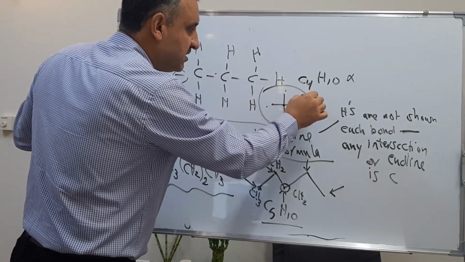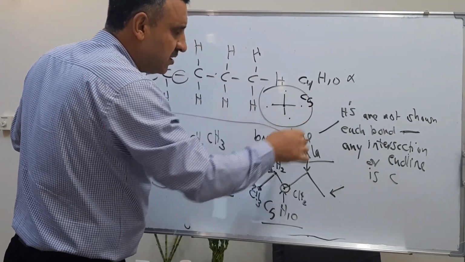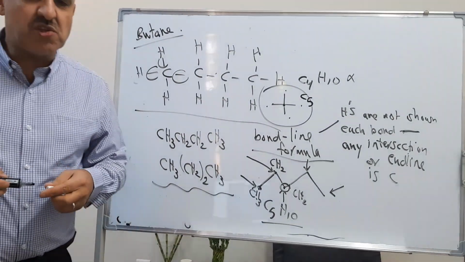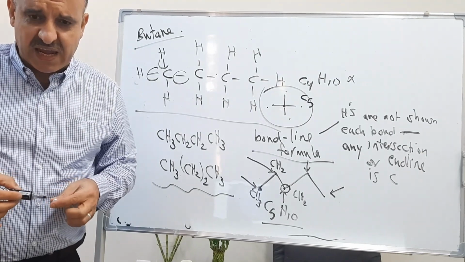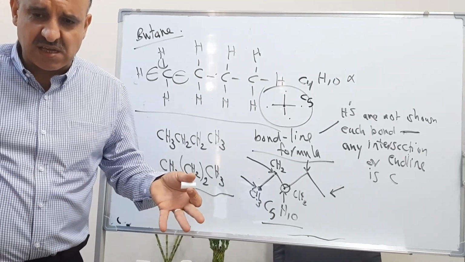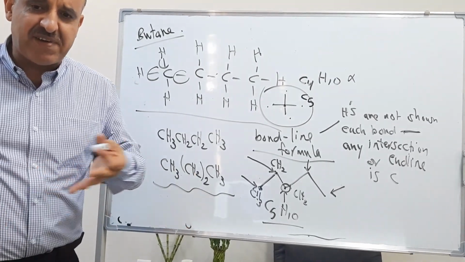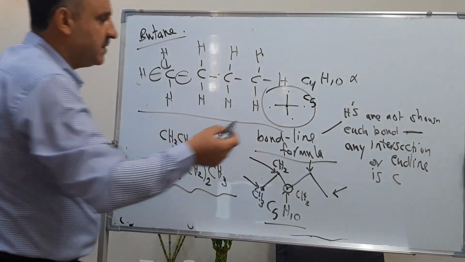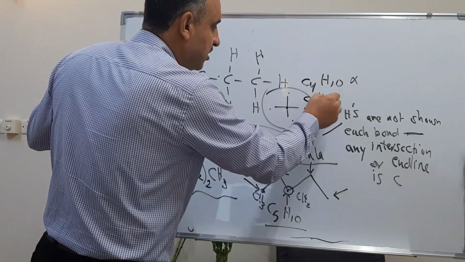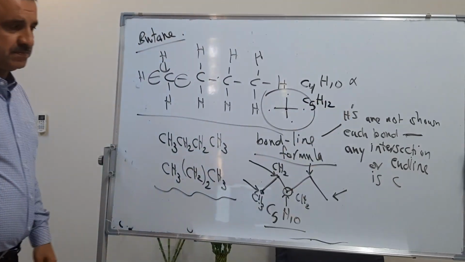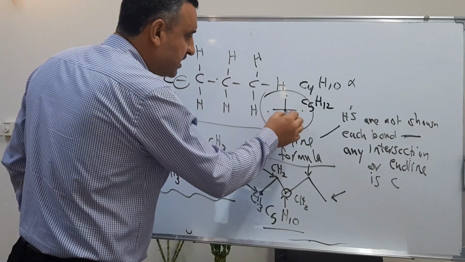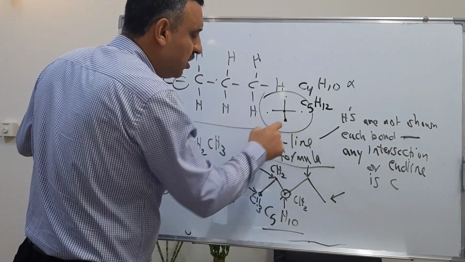So it is C5. Since all bonds here are single bonds, we should conclude that this is an alkane, which means it is saturated, which means it must fulfill CnH2n+2, which means C5H12. Why? To prove it, this carbon is attached to only 1 carbon.